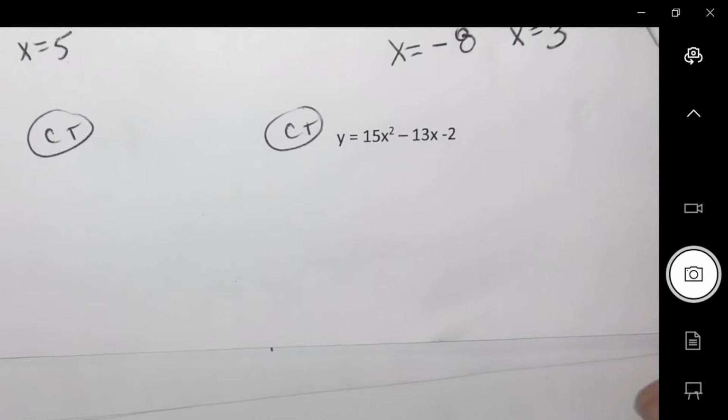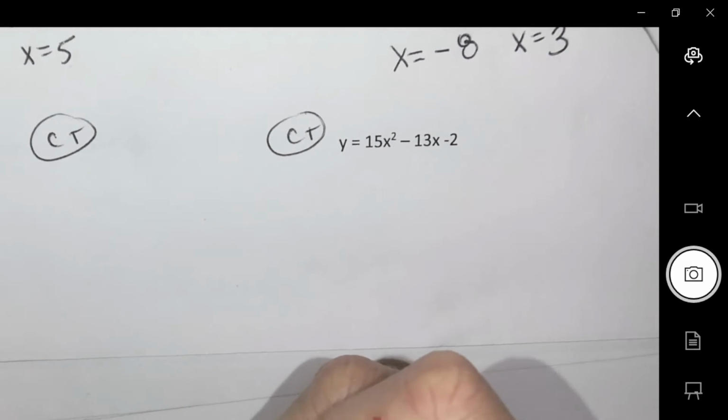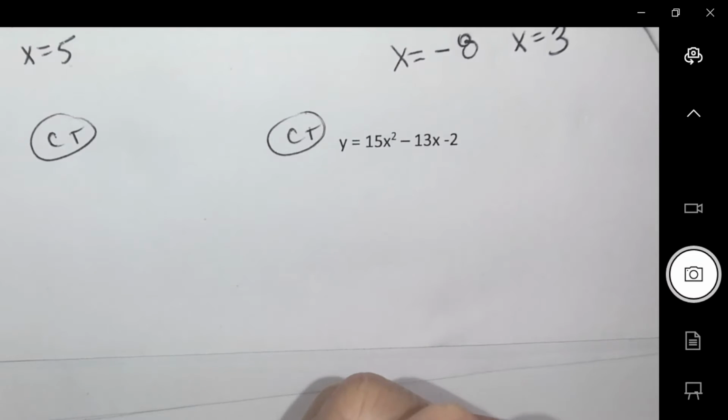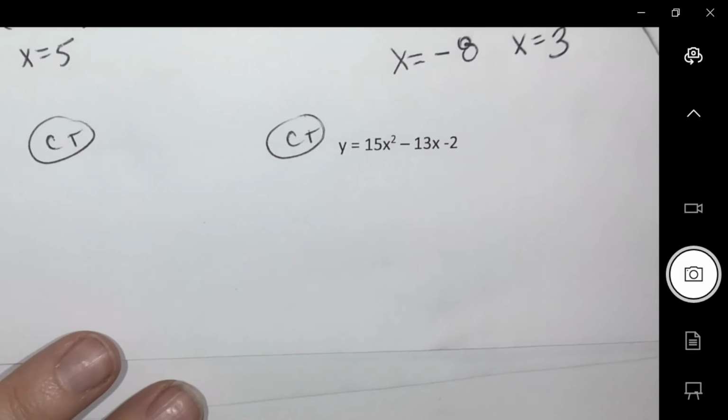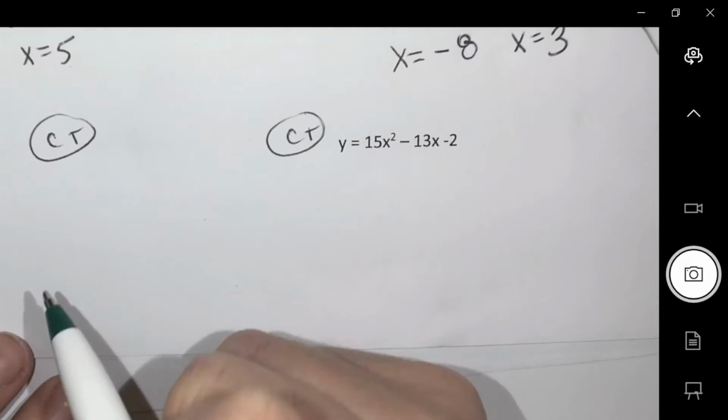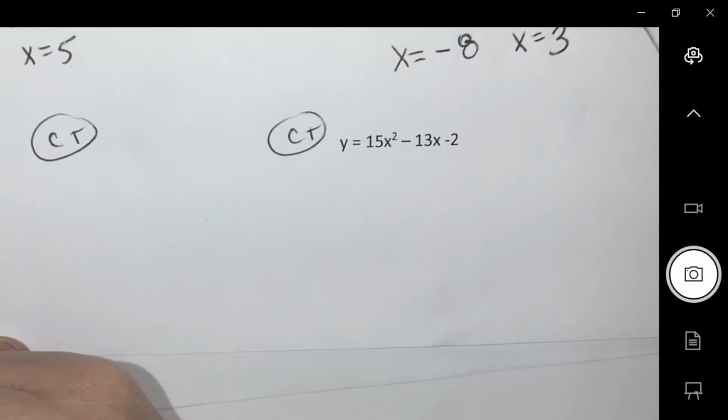What page does it say this one is on? We skipped them yesterday. Anybody find it?